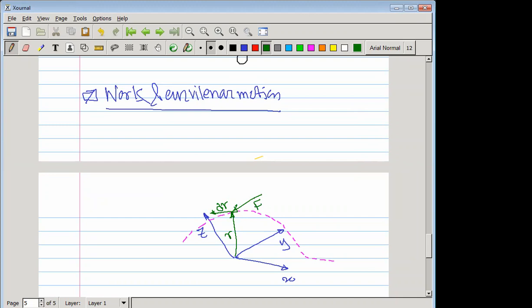So the force here is nothing but the summation of all forces which acted on that particle. You can resolve this force into two components, one tangential and one normal.